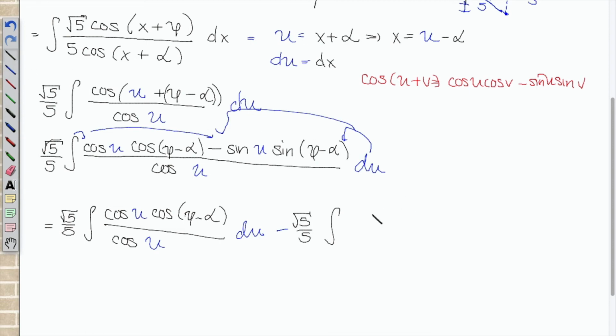The minus sign's already factored out, so it becomes sine of u, and I'm not going to actually simplify this to tangent here, and you'll see why in a second.